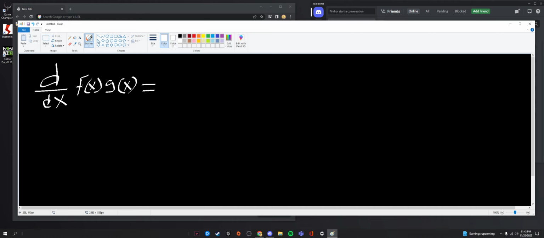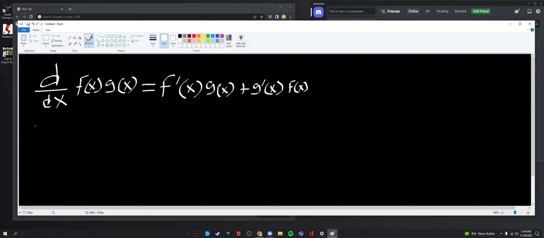If we want to differentiate f of x times g of x, you would first take the derivative of f of x, so f prime of x, multiplied by the original g of x, and we add the derivative of g of x, so g prime of x, multiplied by the original f of x. Now this is relatively simple, and we're going to keep this in mind as we do some examples.